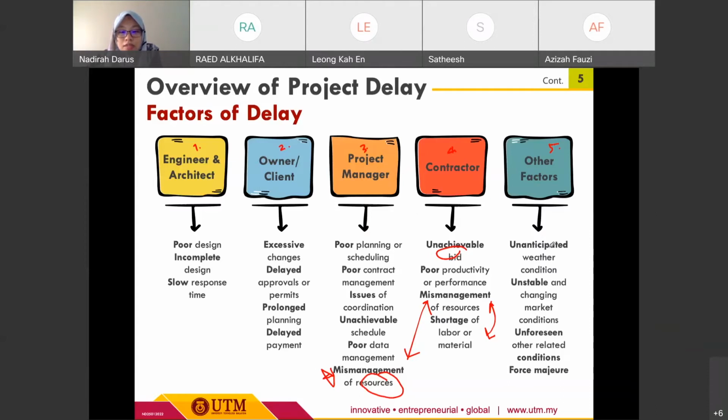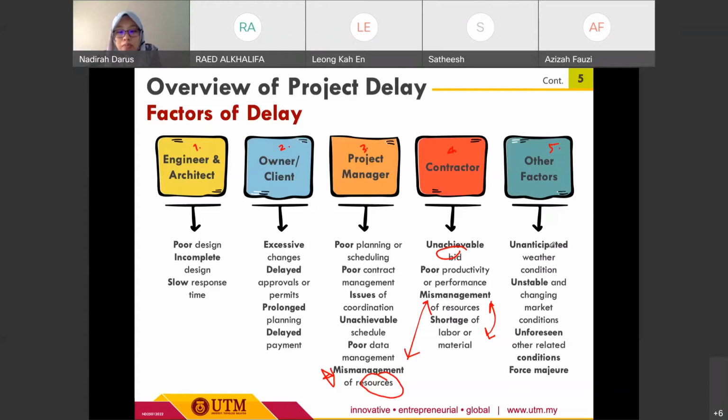For example, rain season or flooding. So that will be another factor that may cause delay of work. For example, the pandemic itself, COVID-19, is also one of the main factors that caused the delay of the work, right?